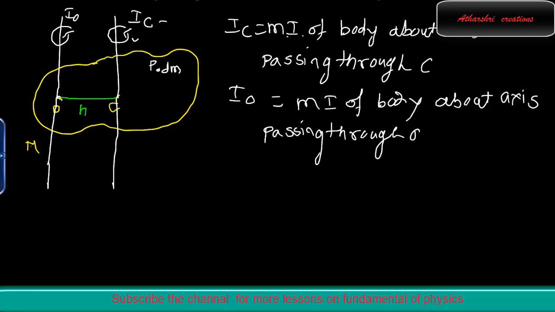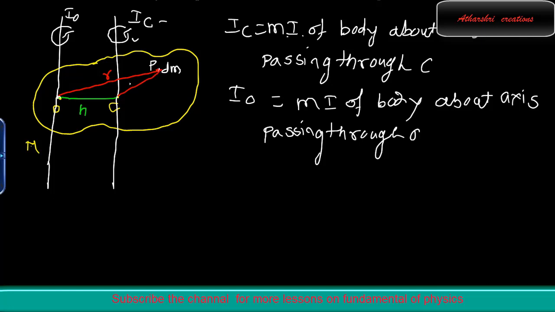Now to prove this, let us consider a small element dm which is situated at point P. This dm is at a distance R from O, and this dm is at a distance R0 from the center of mass.